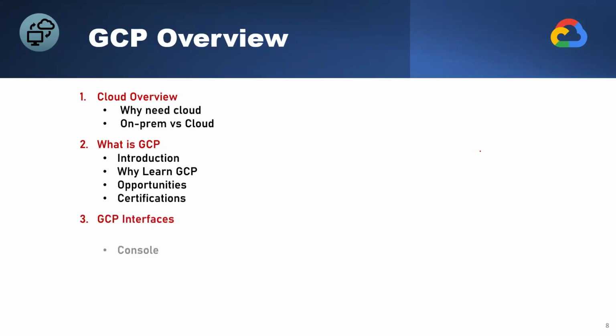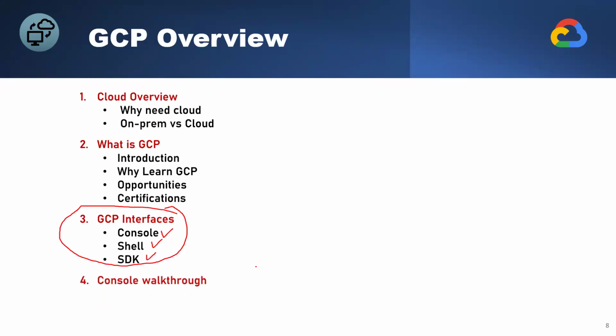Then GCP interfaces: console, Cloud Shell, and Cloud SDK. We have seen plenty of services are available, right? If I want to interact with those services as a data engineer, DevOps engineer, or developer, you need to know these interface methods. That is what we are going to cover tomorrow.